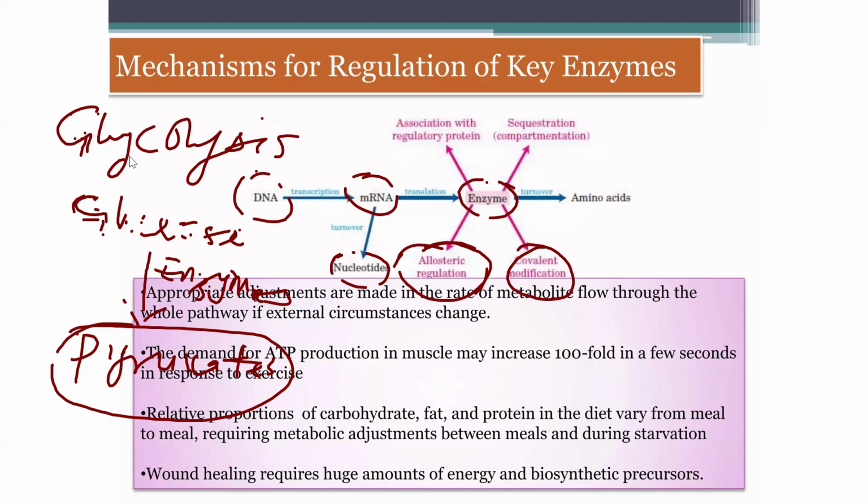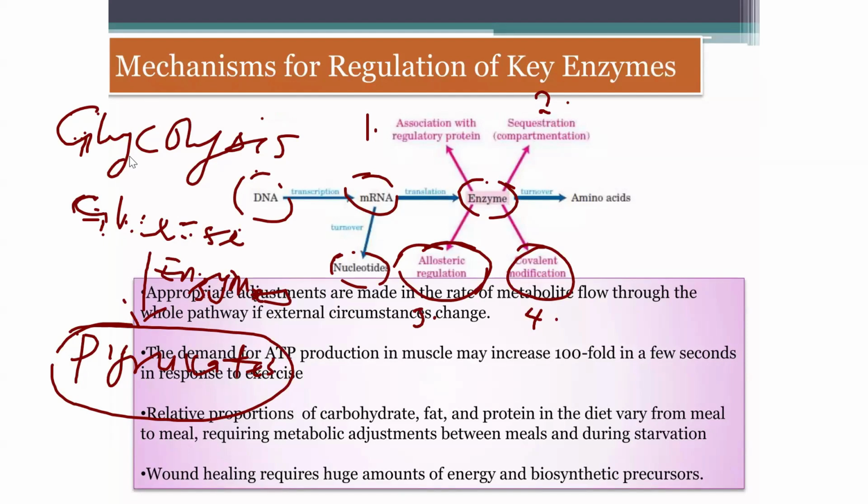And then there is also association with regulatory proteins, so that you can increase the activity of an enzyme by associating it with a regulatory protein. You can also increase or decrease the activity of an enzyme through sequestration. So ladies and gentlemen, these are four ways that are used in controlling, that is, increasing or decreasing, the activity of an enzyme.